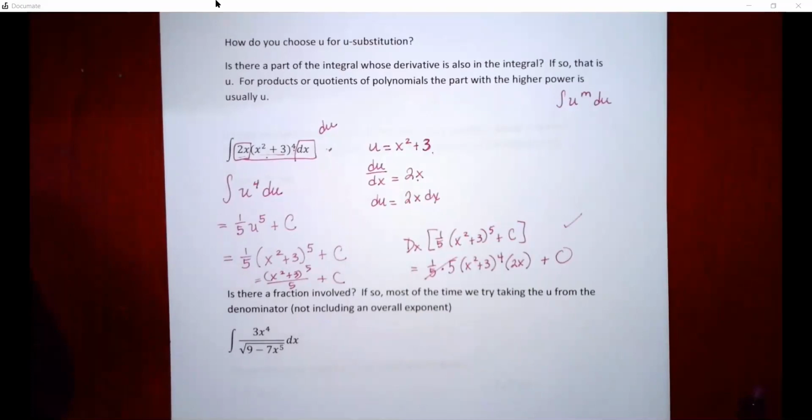All right. So, when you're trying to determine what to choose for u, as I mentioned, if you have things that are multiplied together and you see that one part is up to a constant multiple, or quote, almost the derivative of the other part, then the other part is typically u.